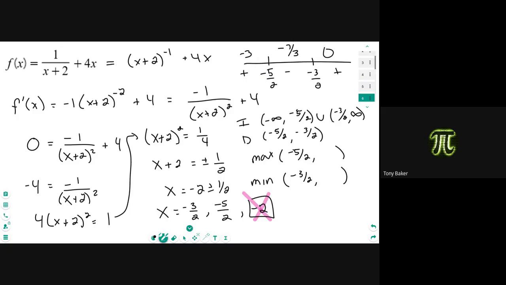Because the bottom would be -1/2, which you flip. Okay. Yeah, that is exactly what. And the minimum value is? -4.